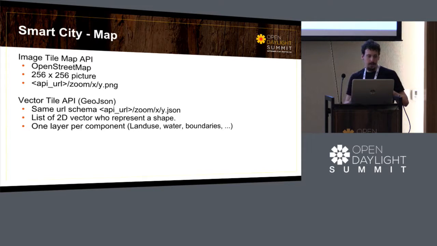But simply, a tilemap API is a representation of the whole map split into multiple tiles of size 256 by 256. And you have an API scheme, which is your API URL, the zoom, and the X and Y position.